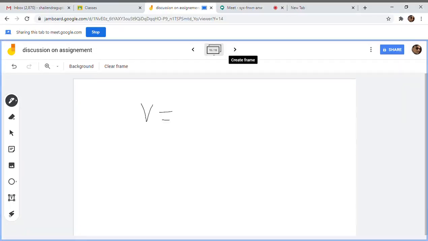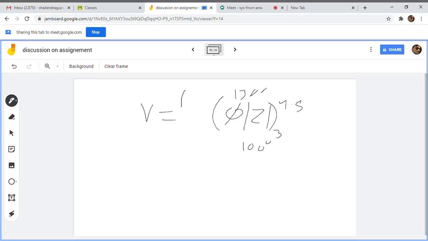So V will be equal to, d phi will be integrated to be phi itself, and similarly with z. Here phi will be from 100 degree to 130 degree, and z will lie from 3 to 4.5, and the remaining will be rho d rho, where rho is equal to 3 to rho equal to 5.